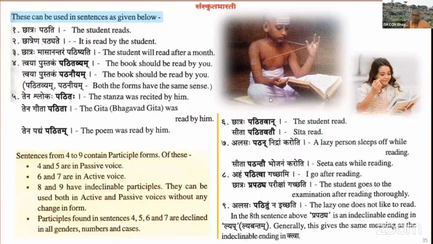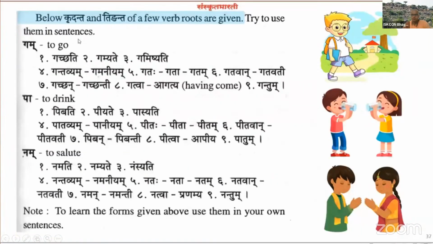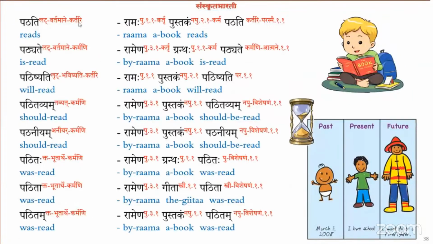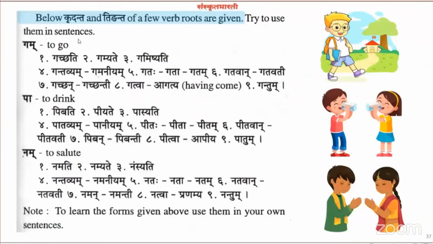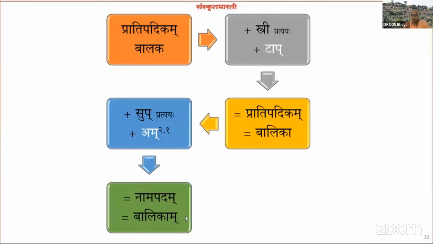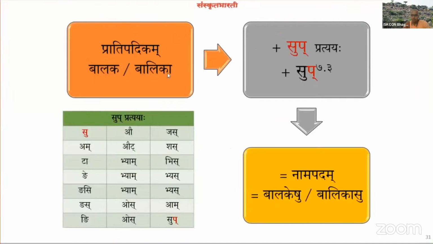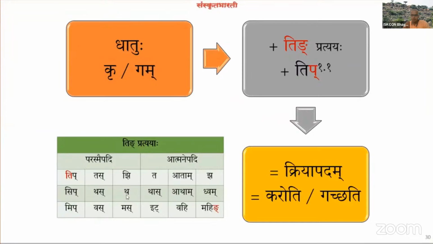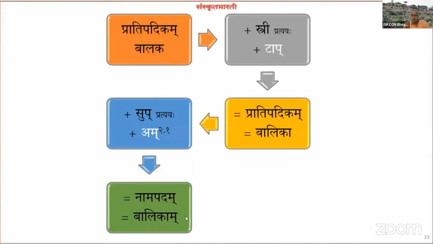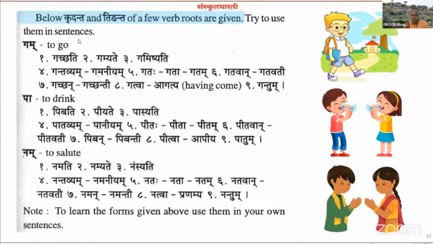Otherwise, you will face problems in making the future sentences. This is for your betterment, I am saying, not for my benefit. Try to revise this section only. You have to revise 31, 32, 33, 34, 35, 36, 37, up to 37.